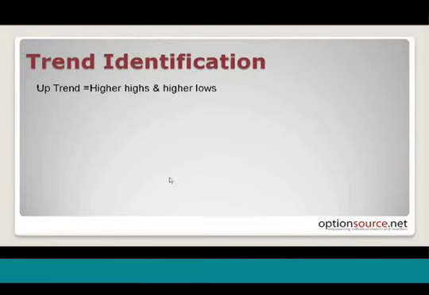If we talk about the concept of an uptrend making higher highs and higher lows, basically what we're looking at here in this generic price chart is the idea of establishing a pivot point, or in this case a peak. And if we understand that an uptrend needs to make higher highs, then by looking at that previous high, we can establish that if we break that high, we're in the continuation of an uptrend, and so on and so forth.